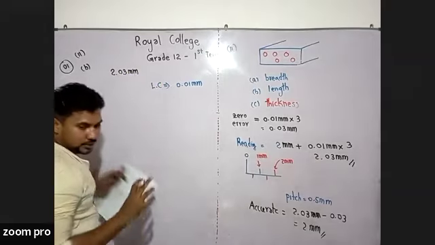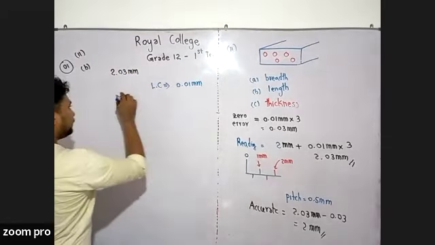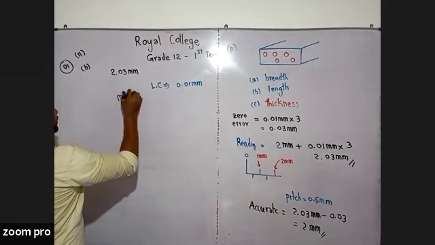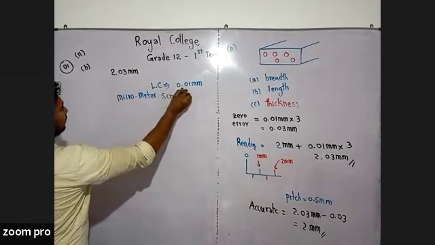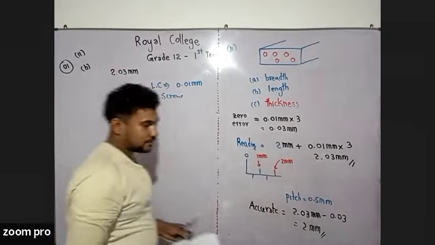In order to get this least count, we have to use the micrometer screw gauge. So that's the reason.